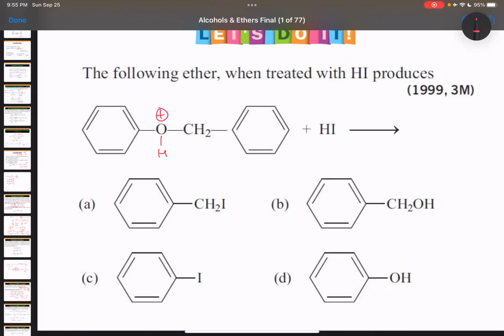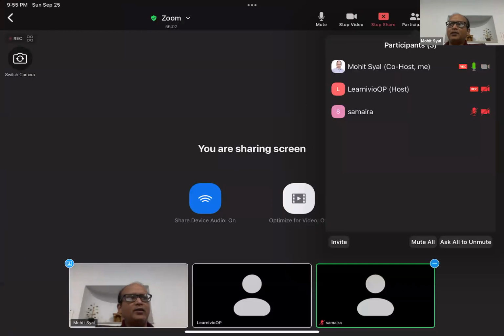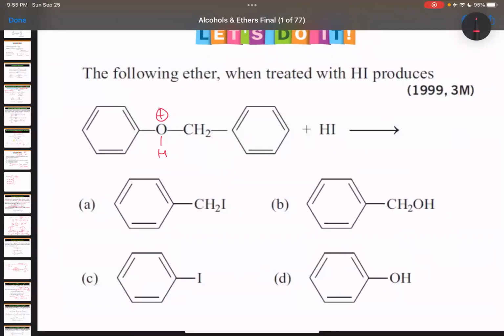That's a very important thing. Then you need to think: is it going to break on its own or are you going to break it? So first of all, never break this bond, because that's what we discussed.